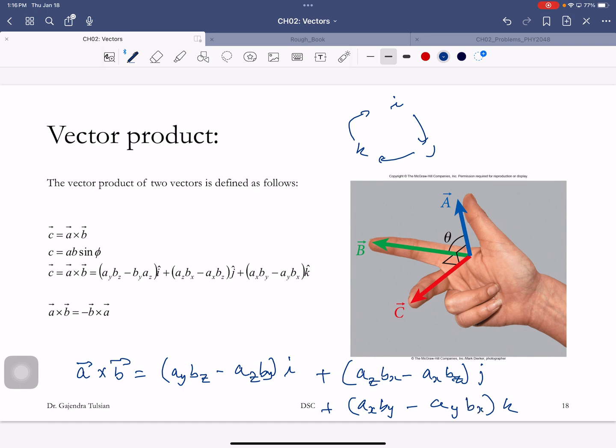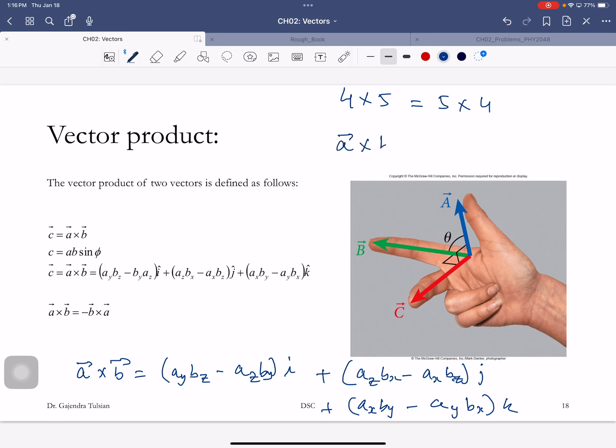So you see, you took two vectors, multiplied them, and got a vector as a result. Now this has an unusual property, just to show you it is a different beast. What is 4 times 5? It is equal to 5 times 4, right?